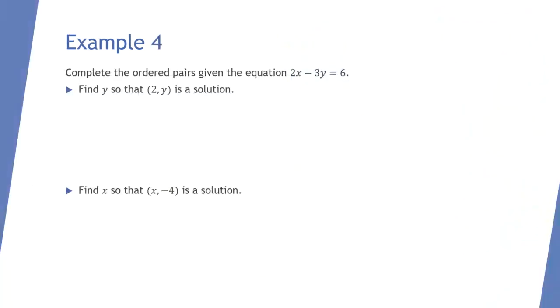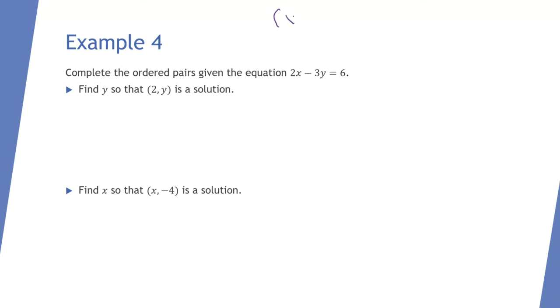Okay, now this last one, this is worded the same way as your assignment. So complete the ordered pairs given the equation 2x minus 3y equals 6. Find y so that 2 comma y is a solution. What we're doing here is we are given one value. We're trying to find what the y value is.